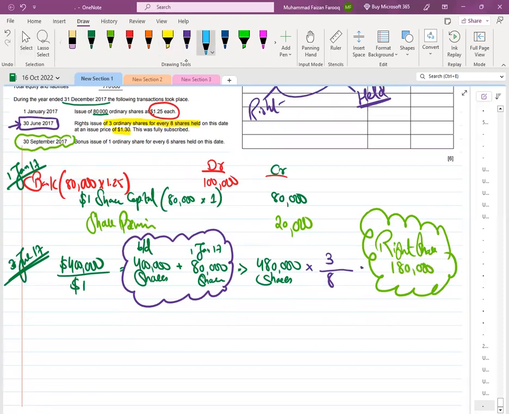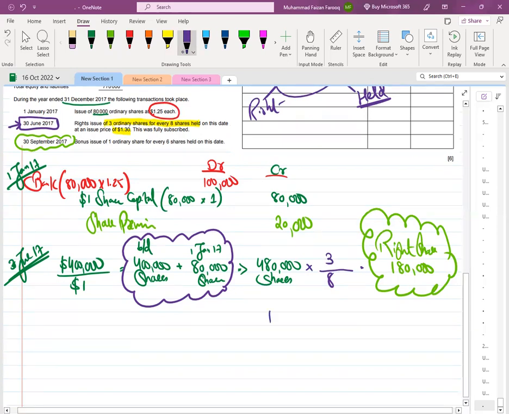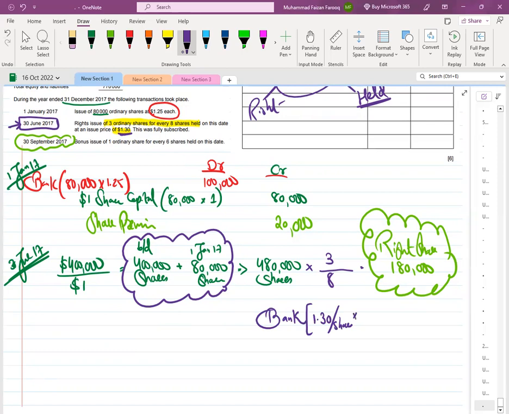Okay. Right share entry we are aware of. How much money are we generating with this issue? What is the price of the right? Is it 1.3 per share or no? It is. And how many shares did we compute? 180,000, which means how much money are we generating?